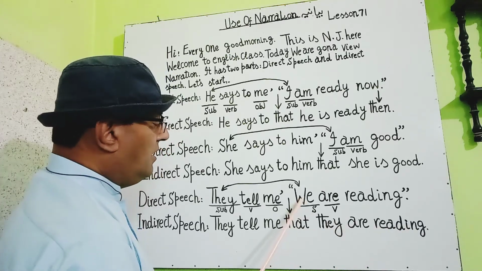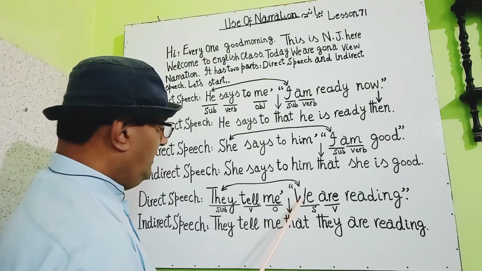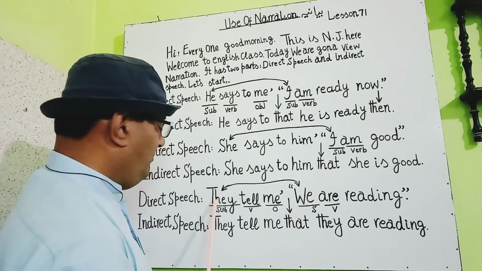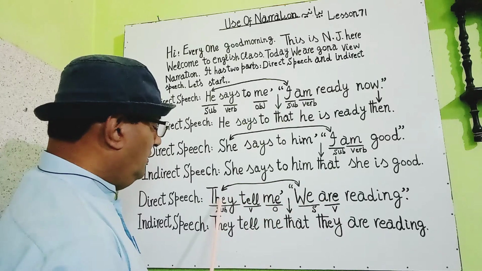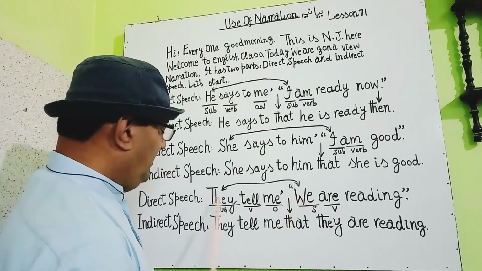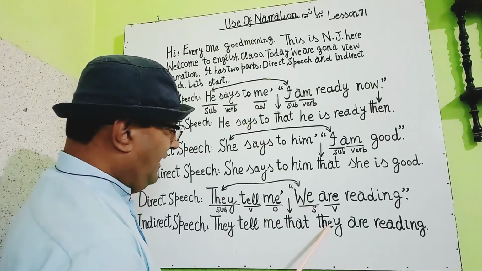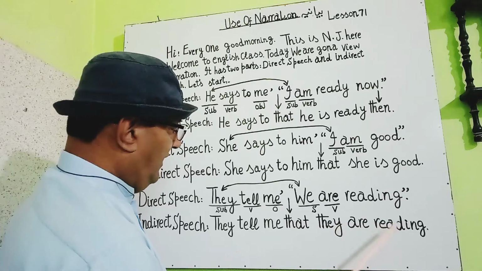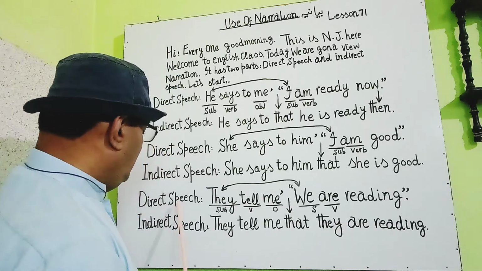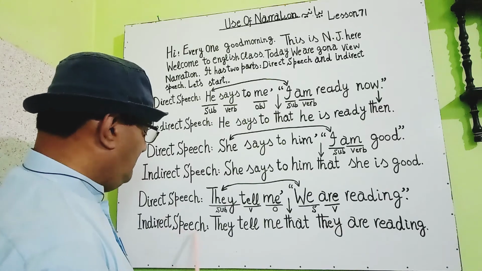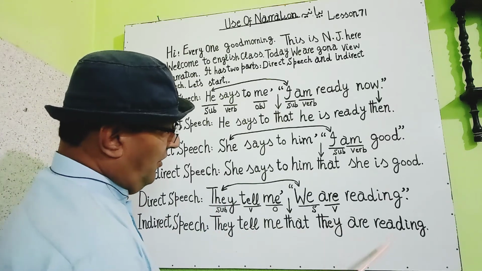This first person plural we will change by the outer subject, so we will change it into they. After that we will put here they are reading, full stop. So you see the change in this indirect speech. They tell me that they are reading.